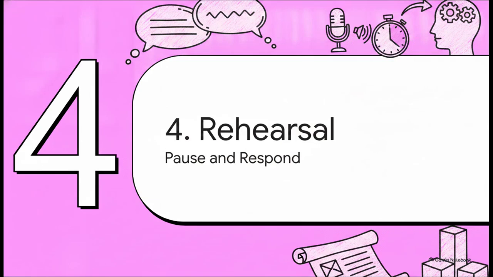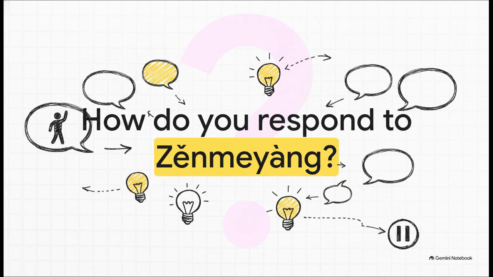All right, Section 4, Rehearsal, Pause and Respond. Okay, let's test this in real time. Imagine someone walks right up to you and initiates the opening and question blocks with a super casual 怎么样? How is it going? I want you to literally pause this explainer right now and say your answer out loud. Try building your own Step 3 context-appropriate answer block before I reveal the options.